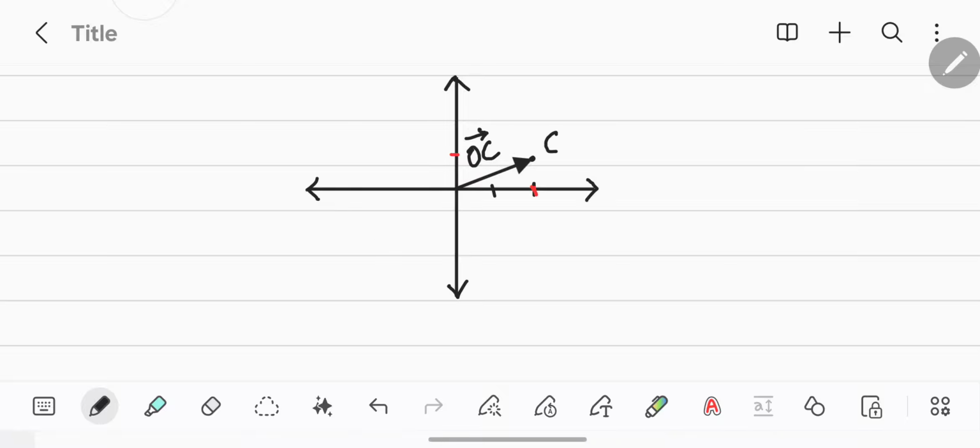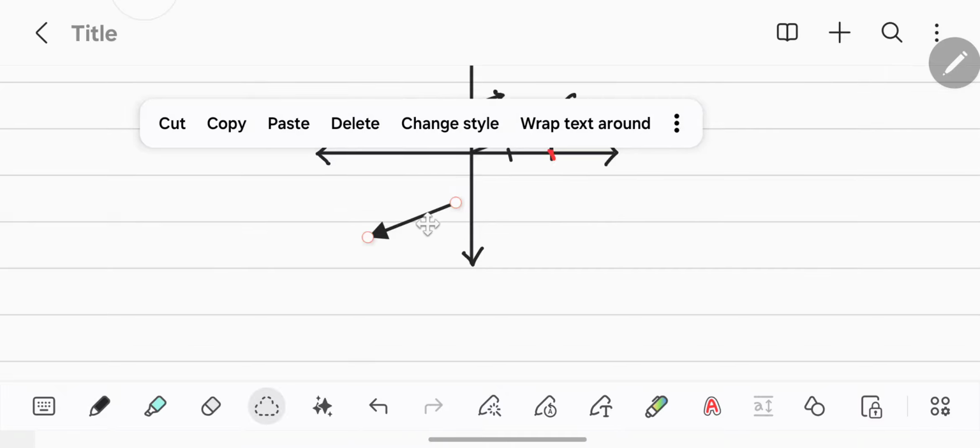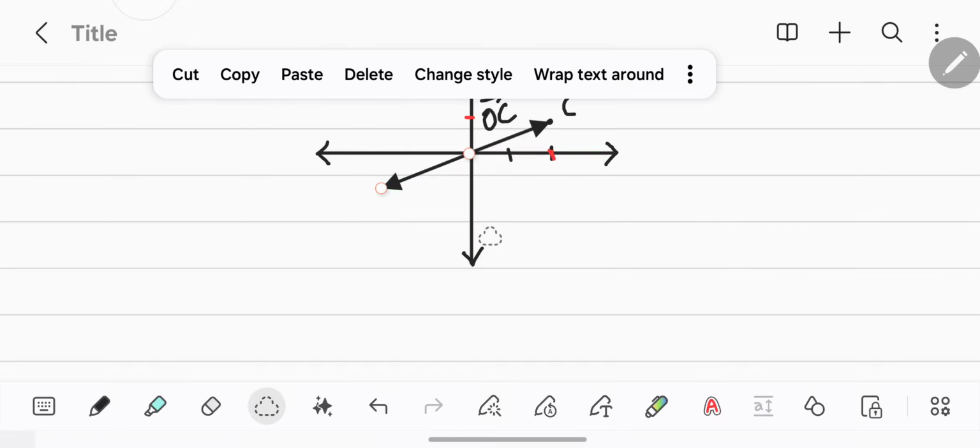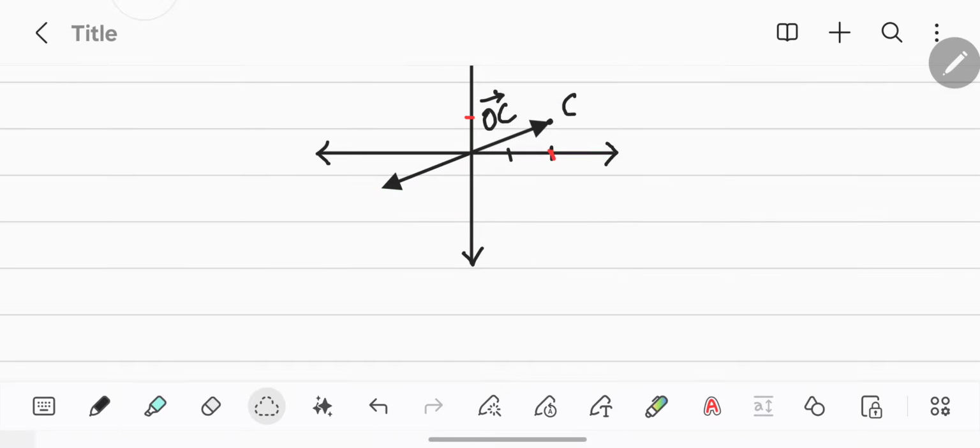How can I draw it? I will draw the same vector here just in front of it, but I will reverse its direction. Now this new vector, which is totally opposite to OC, is called the opposite of OC.